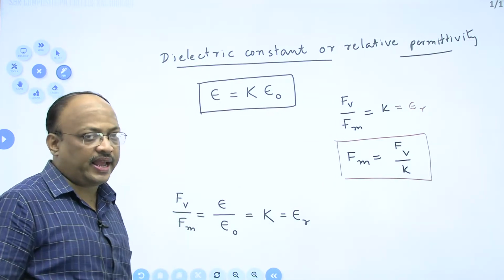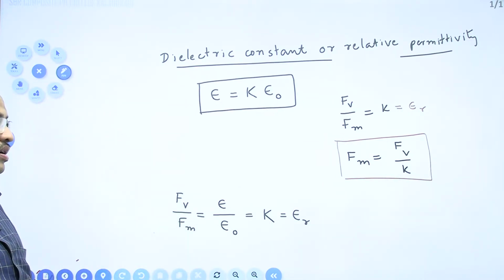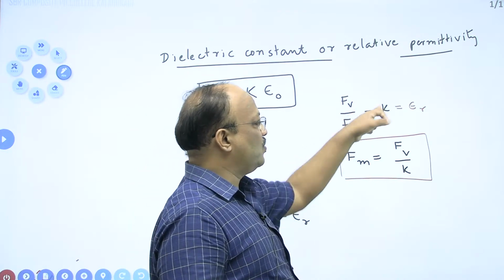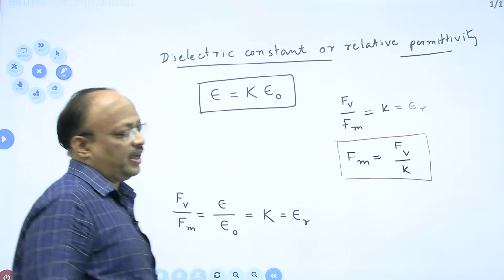Either we write it as K or epsilon r. So Fm is equal to Fv by K.